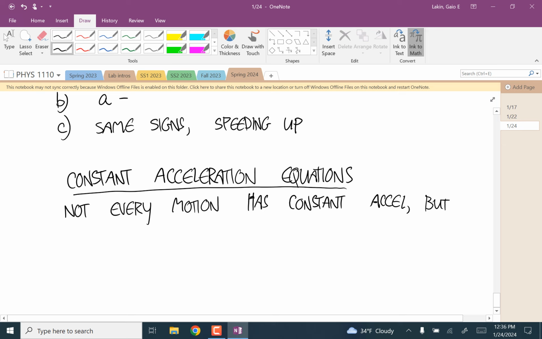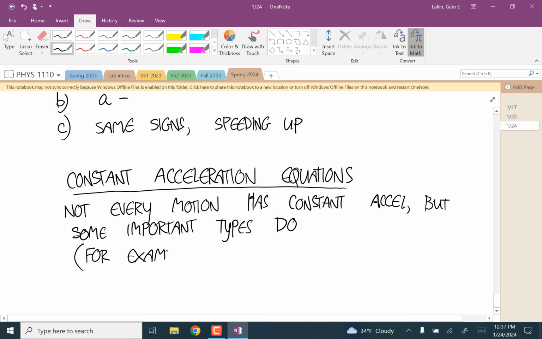So not every motion has a constant acceleration, but some important types do. And probably the best example of this is objects in free fall or projectile motion.